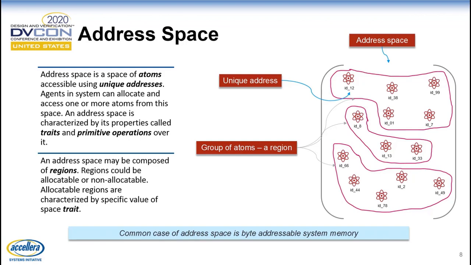The address space is a space of atoms accessible using unique addresses. Agents in the system can allocate and access one or more atoms from this space. An address space is characterized by its properties called traits, which we'll learn, and primitive operations over the address space. And we have regions, which can be allocatable or non-allocatable. And again, the regions are characterized by the same traits that the address space is characterized by.